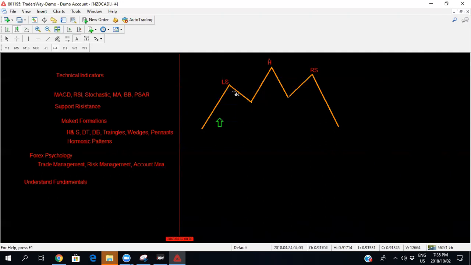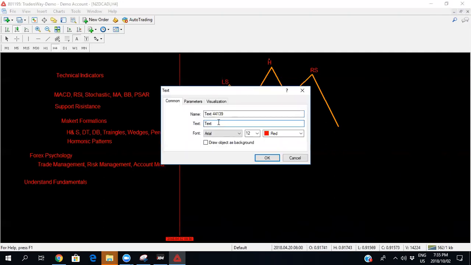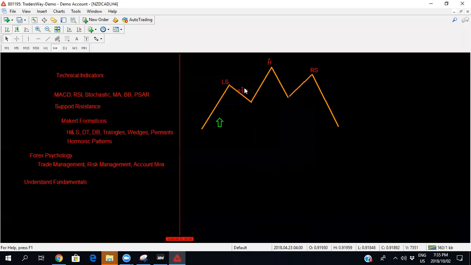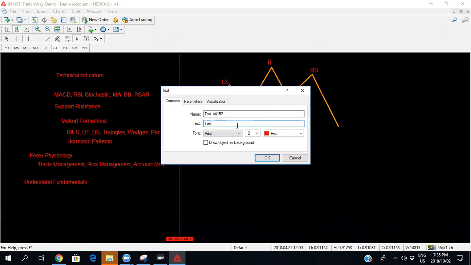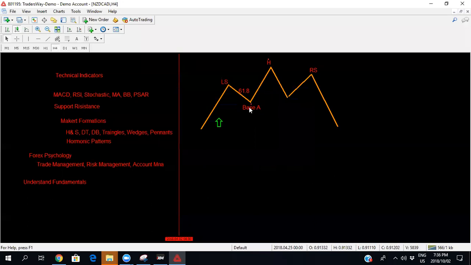Most of the time this retracement there is the 618 retracement, of which this base here, if I were to highlight it, let me call it base A, which is the end of your retracement, most of the time equals that base over there, right?